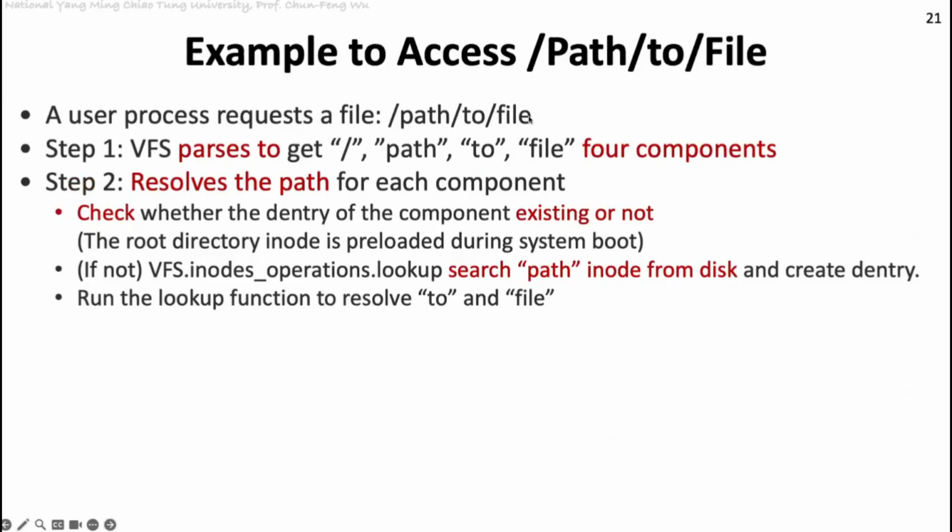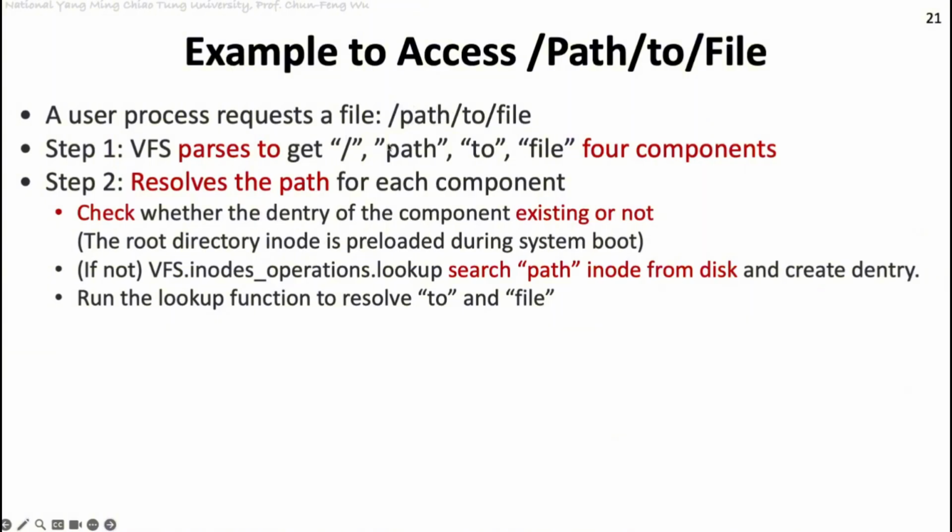First we will search for the root, and because the root is already in the memory, we will use the inode for the root to point to the data block. Because the data block stores the directory entries, inside the directory there should be a path. Reading out the path, we do the same things. We check whether the entry of the path is already in the memory or not.